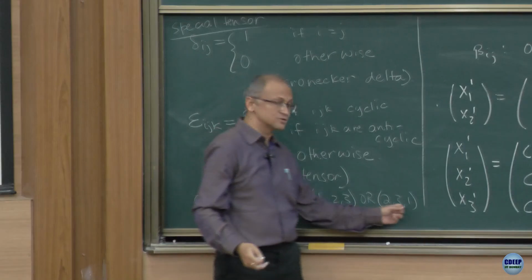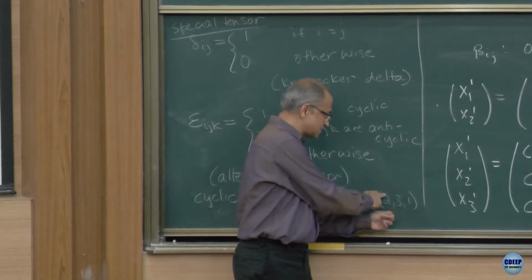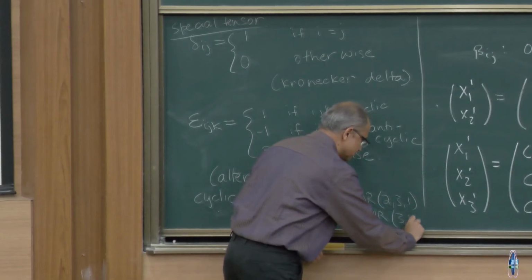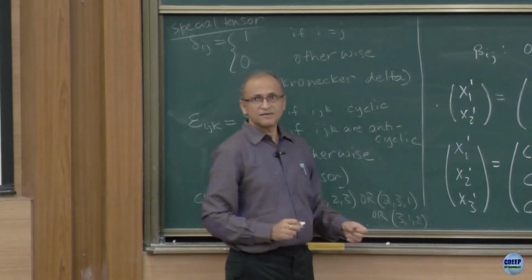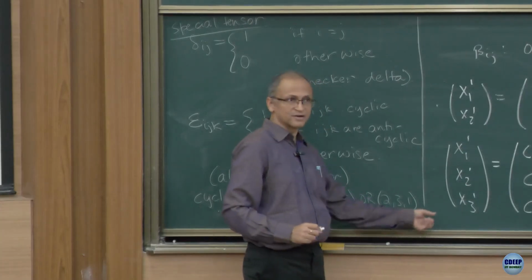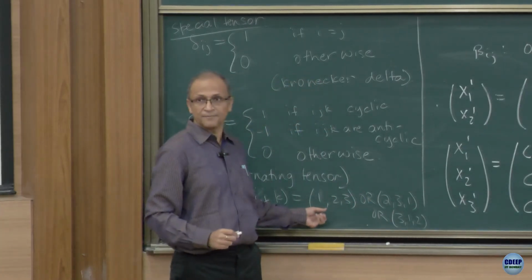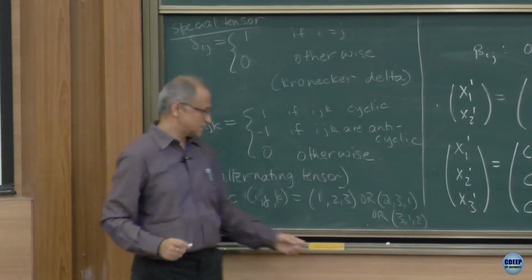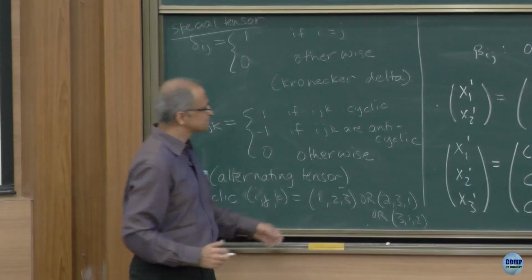So I get 2, 3, 1, and then I take the first term to the back again, so I get 3, 1, 2. If I repeat it again, I will get 1, 2, 3, which is already covered here. So these are the three possibilities that are cyclic.